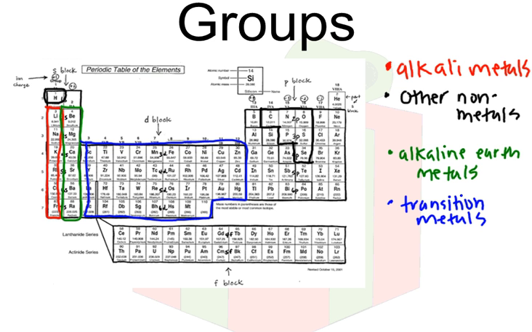This next group, starting with aluminum, is known as the other metals.